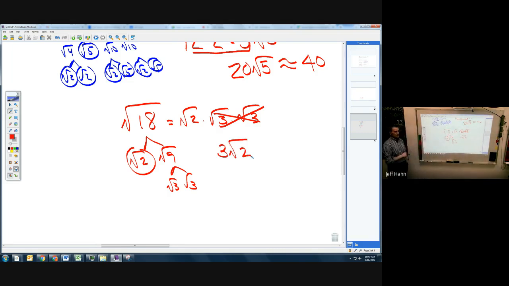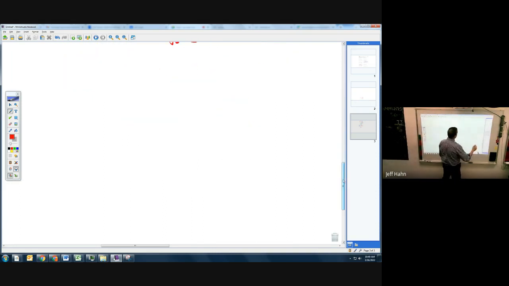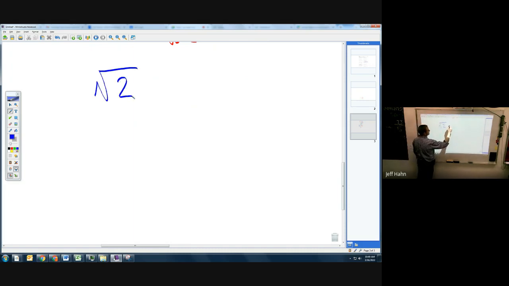How many folks got 3 times the square root of 2? Now, I suppose it would behoove us to jot this down. Here are the approximations. Remember, these are irrational numbers, so they don't work out, but the square root of 2 is very close to 1.41.